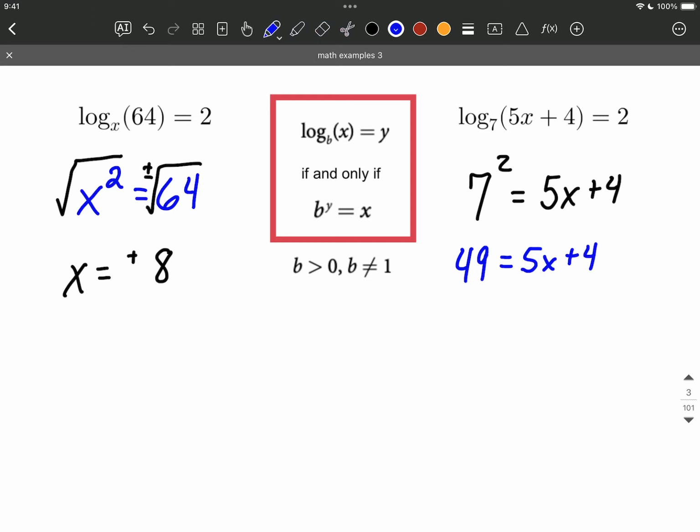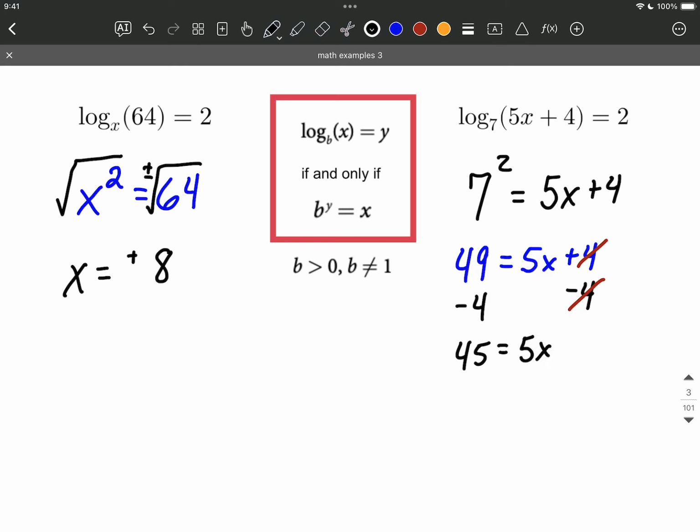Now, this is a linear equation, x raised to the first power. All the variables are already on the right-hand side. Let's subtract 4 from both sides to move all the constants to the left-hand side. Positive 4 minus 4 makes 0 on that side. 49 minus 4 makes 45.